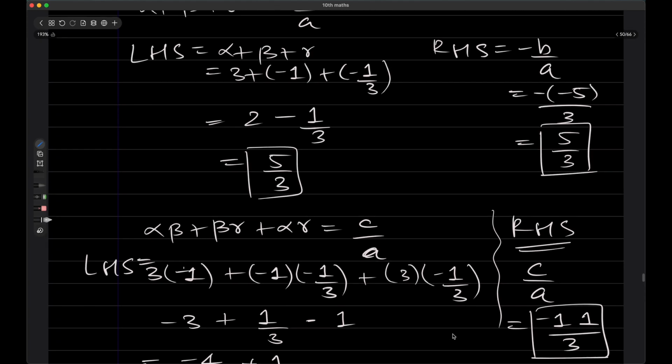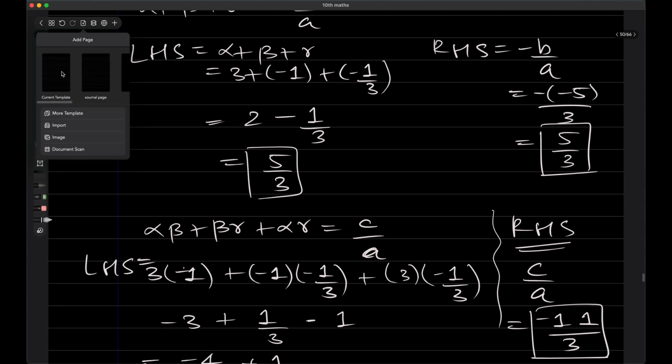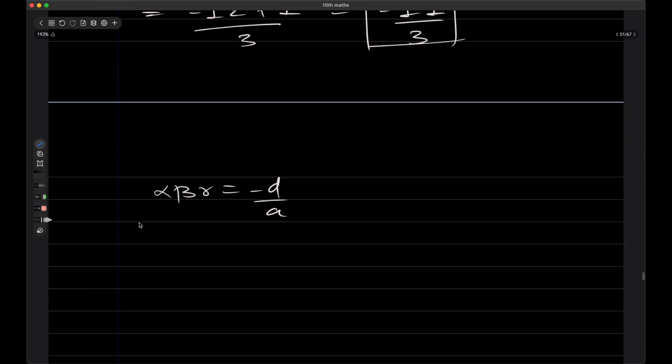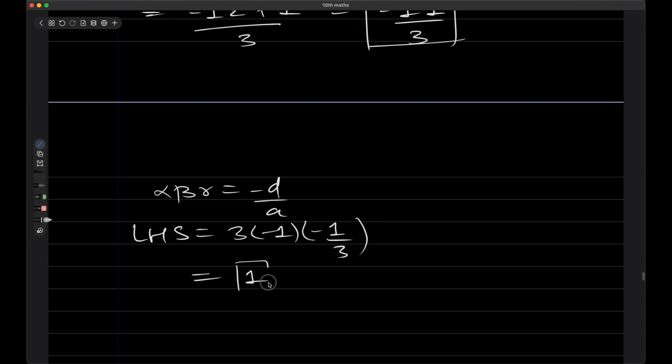And let us check for alpha beta gamma. Alpha beta gamma equals minus d divided by a. LHS is the product of zeros of the polynomial, that is 3 into minus 1 into minus 1 divided by 3, where 3 gets cancelled, minus into minus is plus, we have 1.